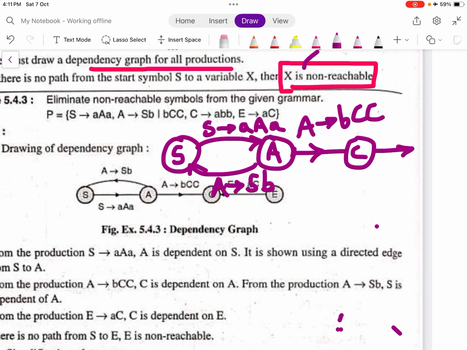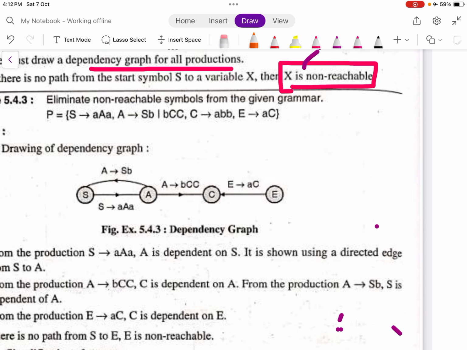From C, we go to E. E is AC. So this will be like this arrow. E gives AC.